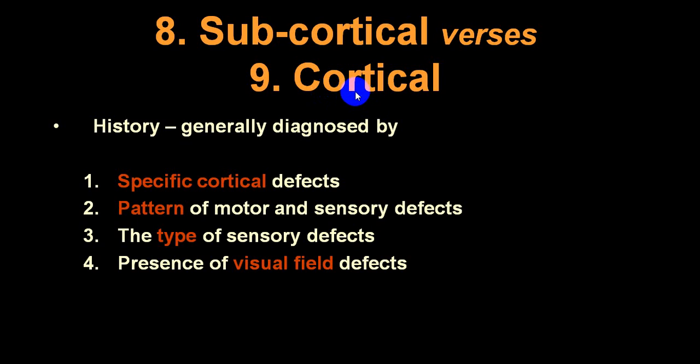Now, in very simplified form, in cortical lesions, we'll have an altered level of consciousness if there is extensive and bilateral damage. But if it is a unilateral damage, the person will usually be conscious. In a unilateral damage, depending upon the area involved, say in the dominant hemisphere, if the frontal lobe is involved, aphasia will be very common, and it will be a Broca's aphasia.